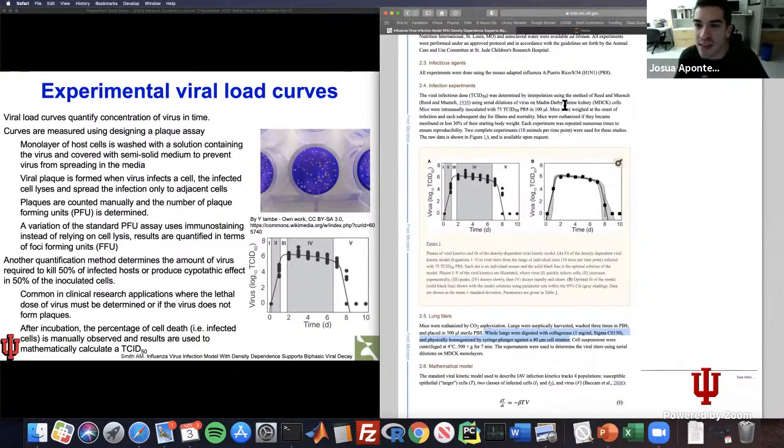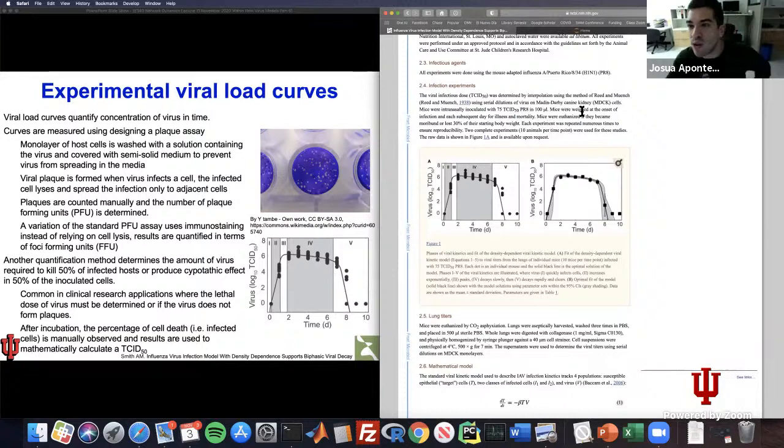But you can see that they use a specific cell type that they plated, and these are the cells that they infected with the solution. These data points come from mice that were intranasally inoculated with an initial known concentration of virus.